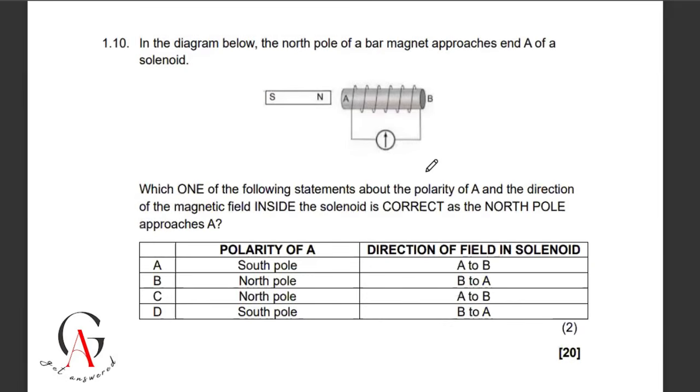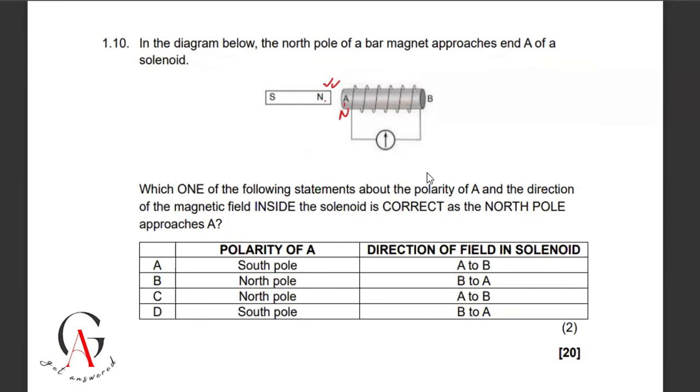Okay, 1.10, in the diagram below, the north pole of a magnet approaches end A of the solenoid. Okay, which one of the following statements about the polarity and the direction will be correct? So if this is the north, okay, what is our A going to be like? So there's a north pole that will be induced there.